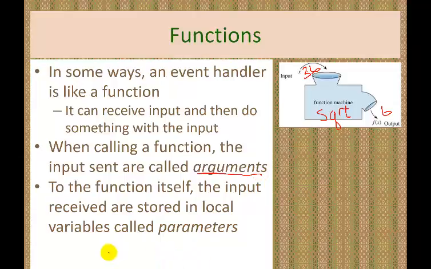Later on, you're going to find out that you might need to write your own functions. So functions could be something that someone else wrote for you, or something that you wrote. But that argument being sent has to be stored in a parameter variable. So data sent to a function is stored inside a function in a variable called a parameter variable.